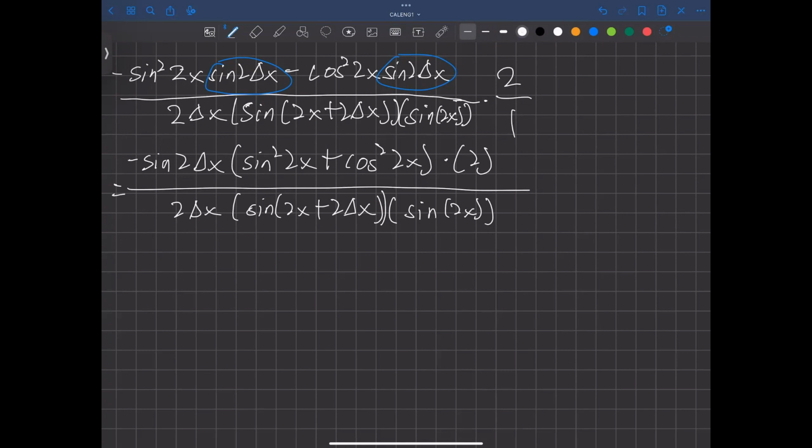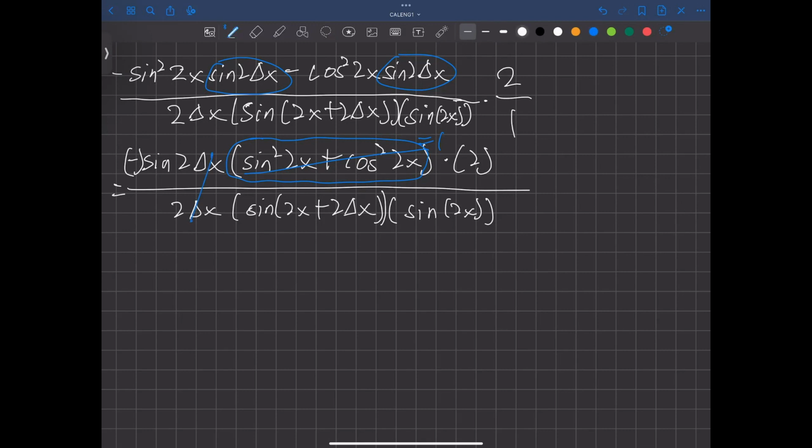Now, if you can notice, this is also an identity, the Pythagorean identity, which equals 1. So basically we can cancel this out now because it just equals 1. And if we factor out the negative sign here, we will be given sine 2 delta x over 2 delta x. So we can cancel this as well.